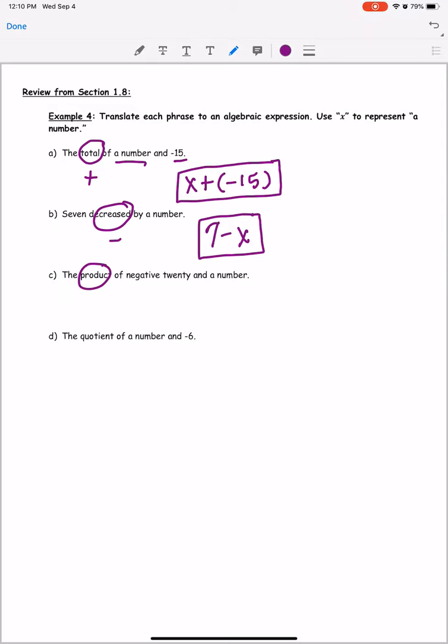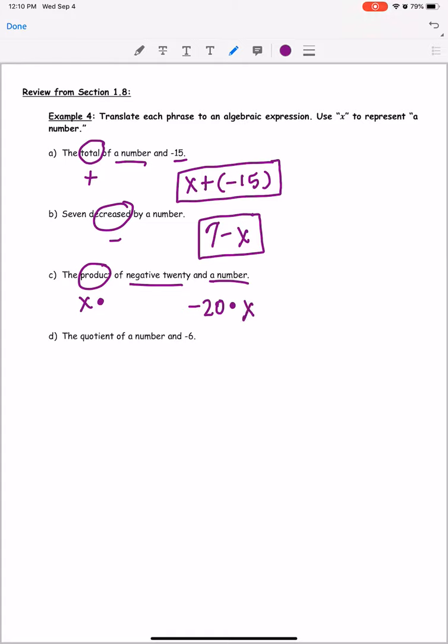The product means to multiply, so you need to put an x or a little dot, whichever one you like. The product of a negative 20 and a number. So we've got negative 20. I'm going to put the dot times a number since we're having to use x here.